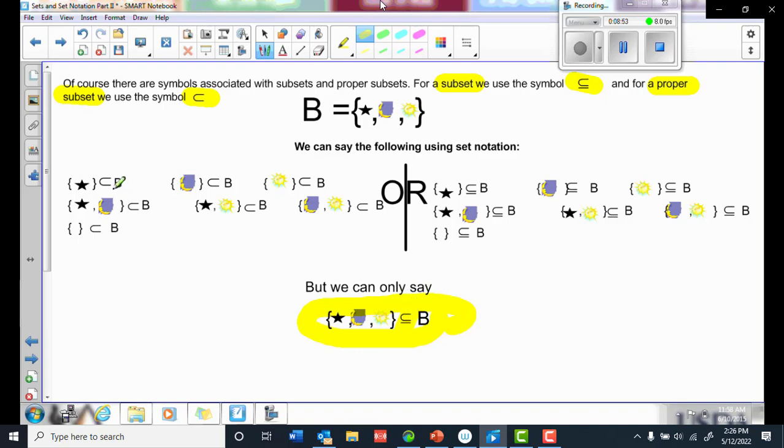All the others, you can use proper subset or subset, proper subset or subset. But when you get to the original, you're saying the original set is a subset of B. The set of star, moon, sun is a subset of set B.